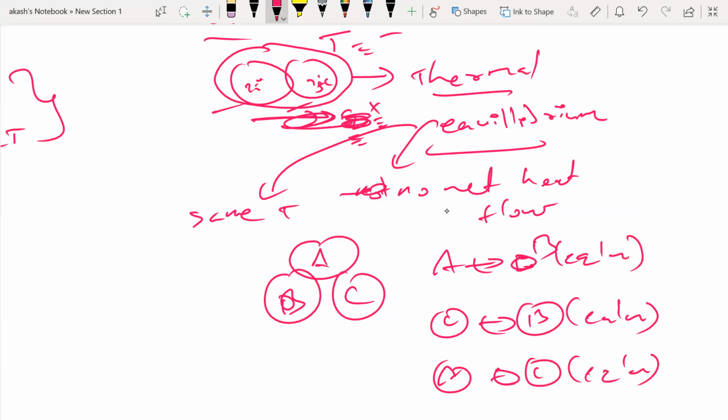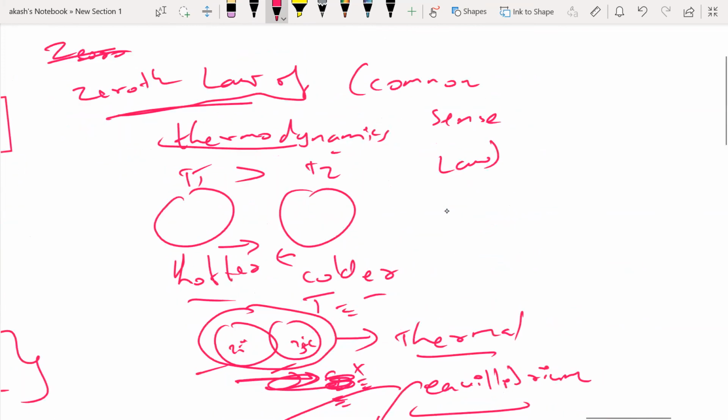Because if there is no heat flow between A and B, and none between C and B, obviously there is no heat flow between A and C also. That is why we call this the common sense law. If 2 bodies are separately in thermal equilibrium with a third body, obviously the first and the second are also in thermal equilibrium. So that is about your zeroth law of thermodynamics.